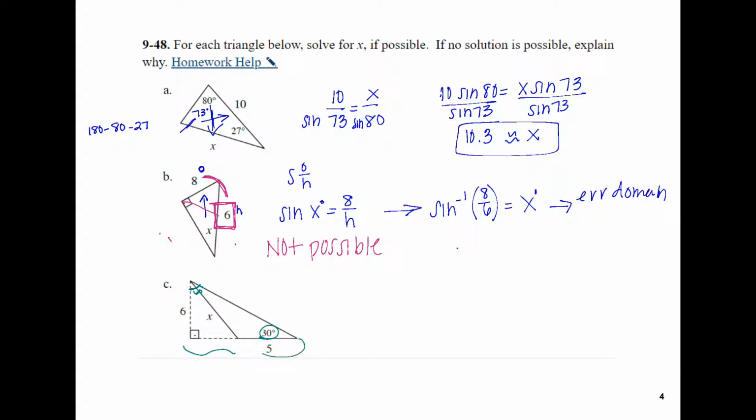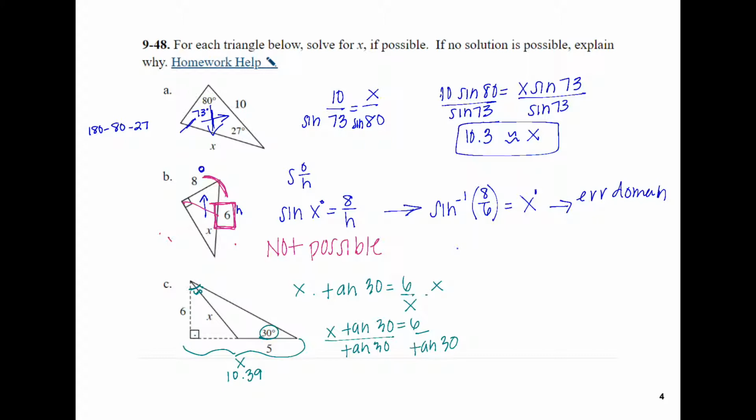But I also know that opposite over adjacent is tangent, so if I take the tangent of 30 degrees and set it equal to 6 over x, if I'm looking for the entire side, I use my inverse, so I multiply by x, so x times the tangent of 30 is equal to 6. Divide by the tangent of 30. I get x is equal to 10.39.